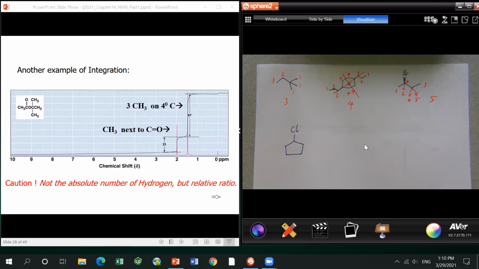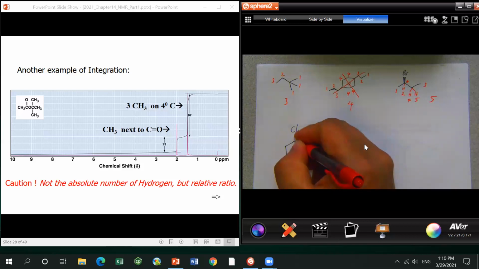Someone looks like they erased it. Can anyone tell me how many signals I should see for this molecule? Someone said 2, any other answers? 3 is the right answer.